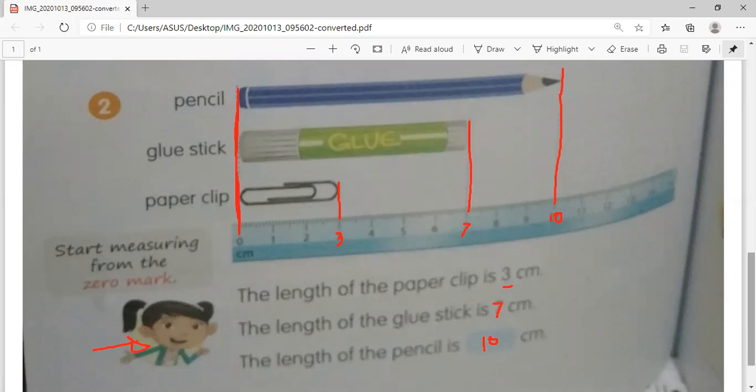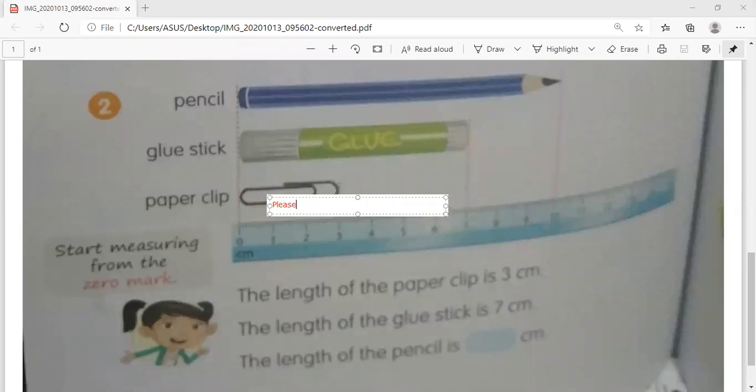Standard units. So, students, for more understanding, you can practice on page 81. Please practice page 81.